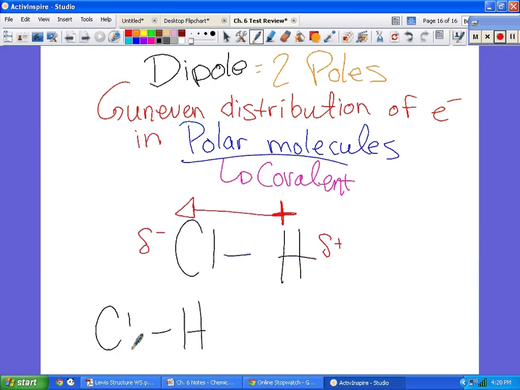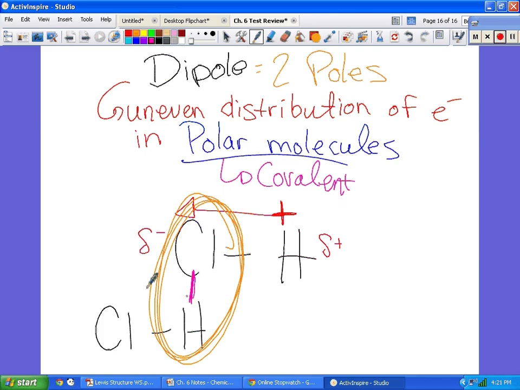It's when these two things form a connection, because HCl is a dipole, and it is that force that connects them together for that split second. Do you agree that that chlorine right here is slightly negative? It's more electronegative, and the arrow is pointing towards it.